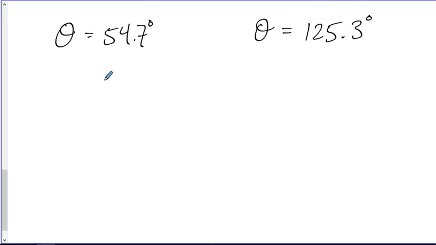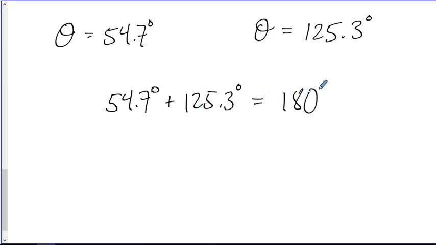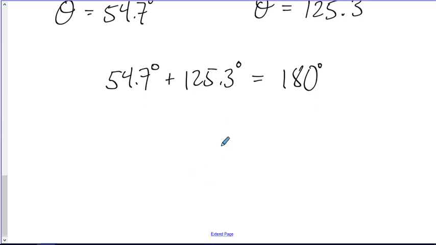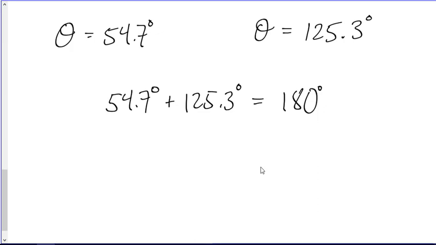Well, what you're seeing is two answers that are supplementary, right? If you took 54.7 degrees plus 125.3 degrees, that makes 180. And so these are two angles that are both correct.